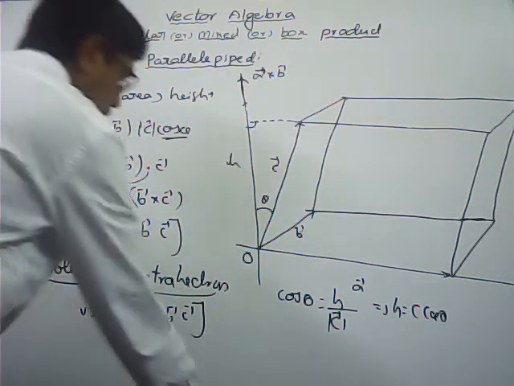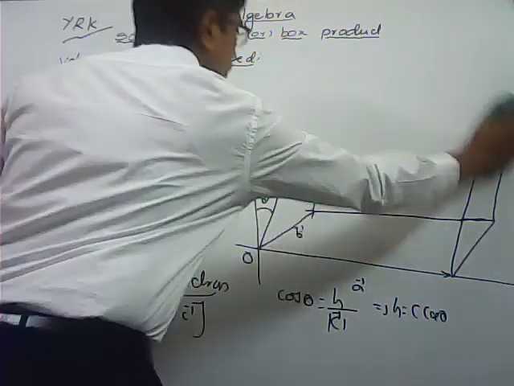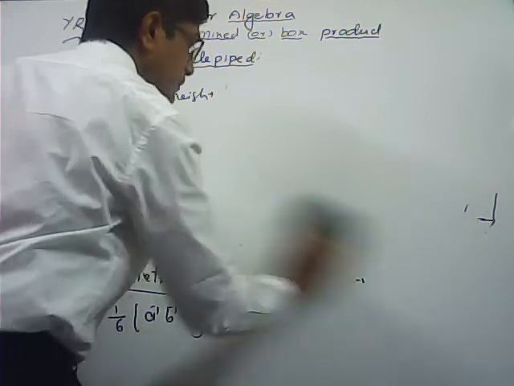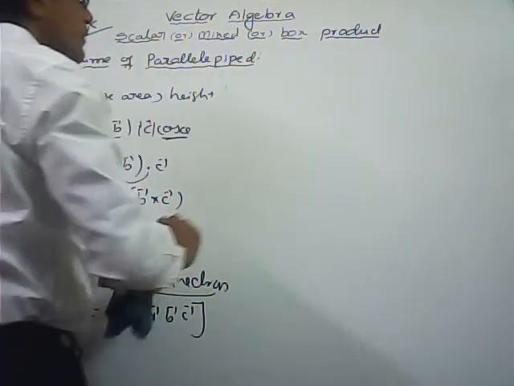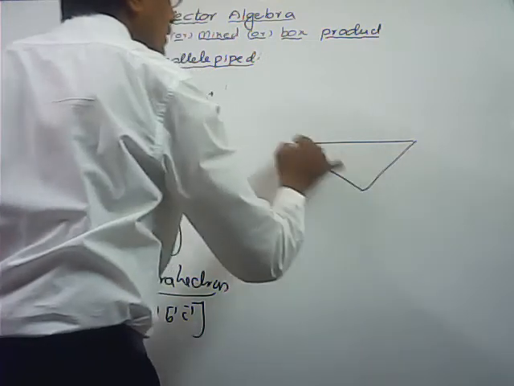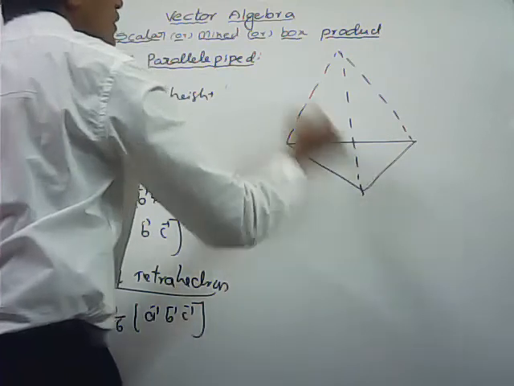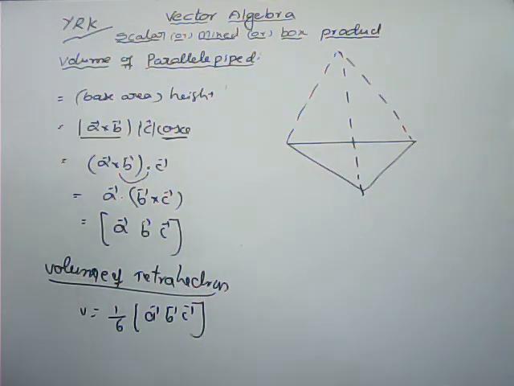Here total 4 pieces are there for the tetrahedron. Base is a triangle. This is the tetrahedron, like diamond type only. So the volume of a tetrahedron equals 1/6 of box ABC.